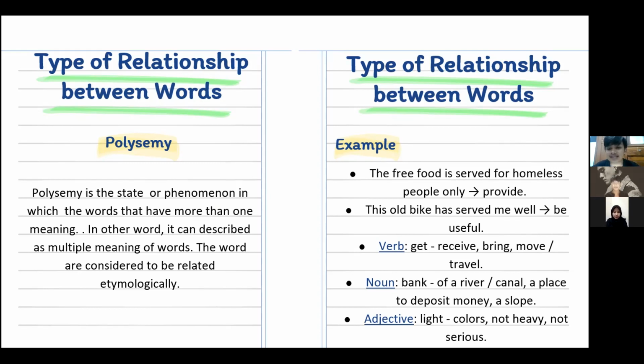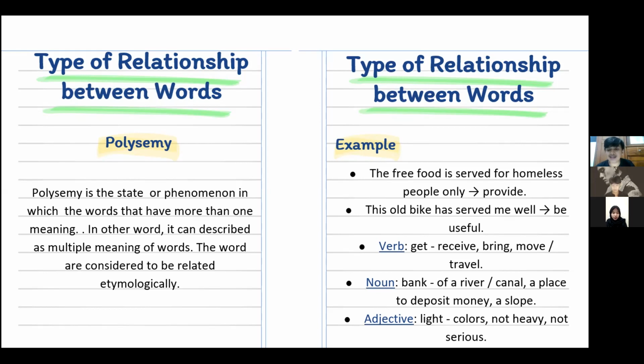Is there an example? Like, the free food is served for homeless people only. It means provide. Or the next one, this old bike has served me well. It means be useful. Or the next example for a verb is get.